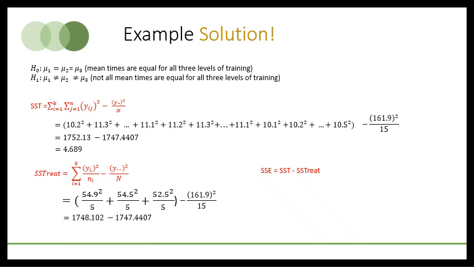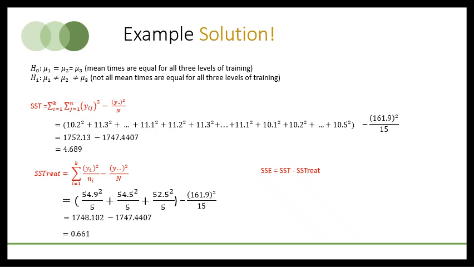And therefore, we will get 1748.102 minus 1747.4407. And lastly, we will get the SSTR equal to 0.661.